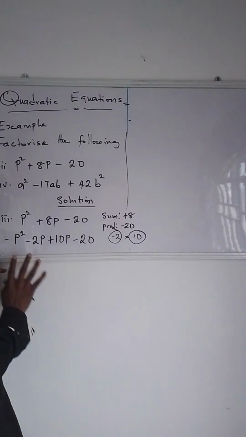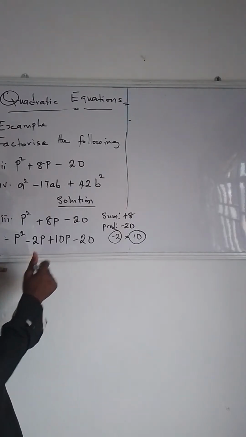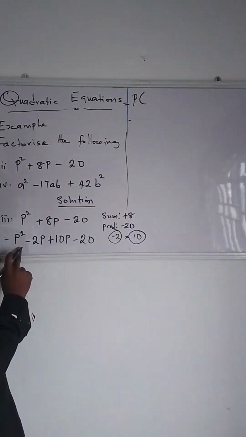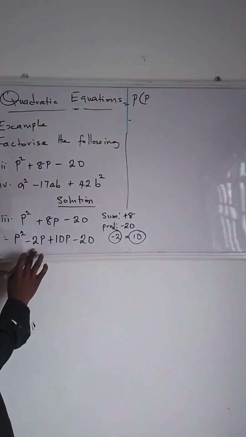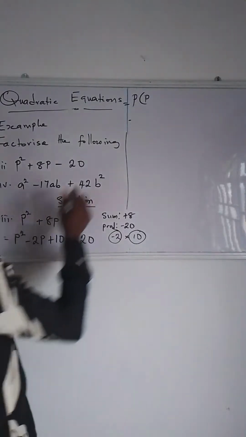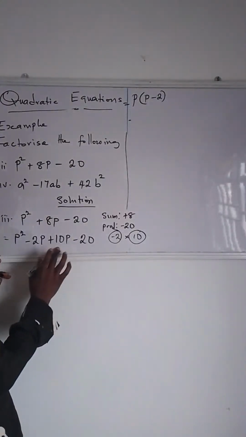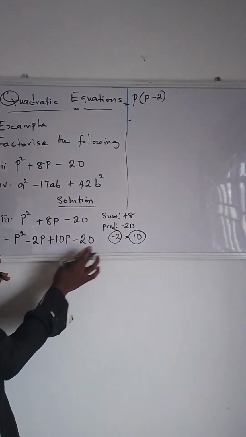All right, so now let's look at the first pair. What's the common factor? That's going to be p, right? Good. So we have p. Now when you divide this by p, you have p. Divide this minus 2p by p, you have negative 2. Now let's look at this pair. What is the common factor? 10 can go here, 10 can also go here.